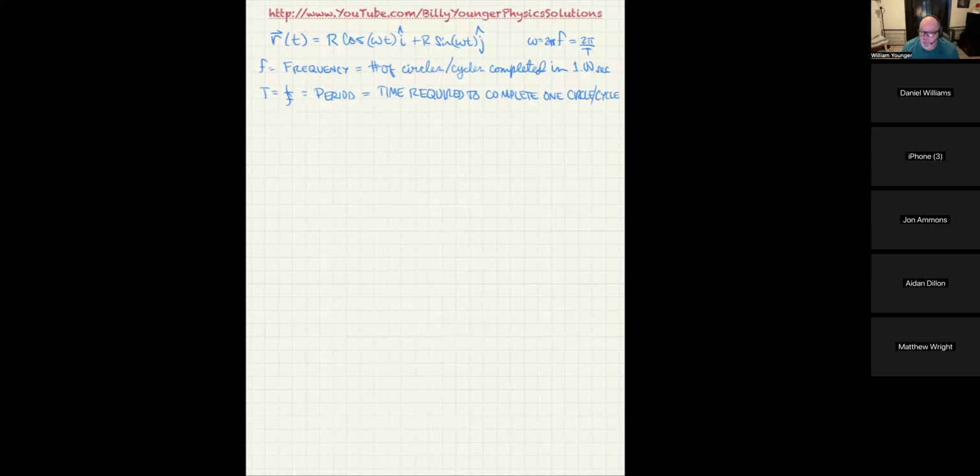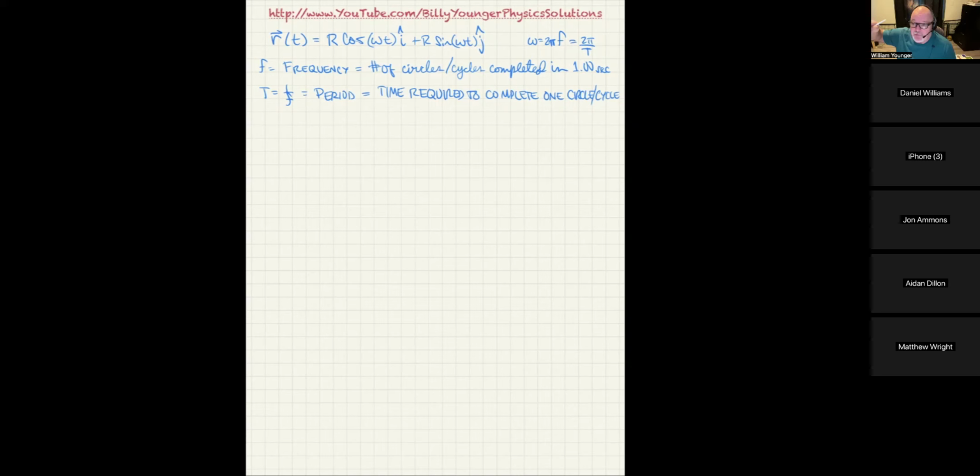Later, we're going to cover more general things as opposed to things that are just going in circles, in which case we'll refer to it as a cycle. Like you might imagine a mass at the equilibrium point of a spring, and the thing hanging from the spring has been given a little push downward. So it'll go down, reach its lowest point, and then turn around, go back through the equilibrium, reach its highest point, and then turn around and go back to equilibrium.